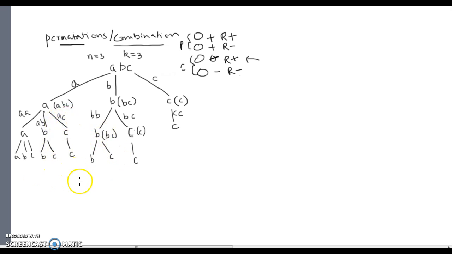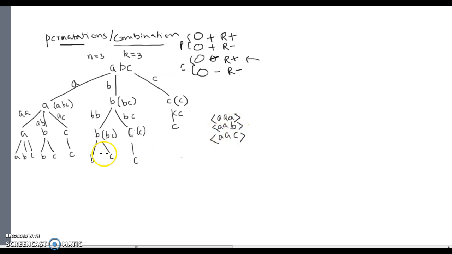So let's look at how many combinations we got with repetitions. With AA we got three branches: A with B and C. So we have three unique subsets starting with the AA branch.